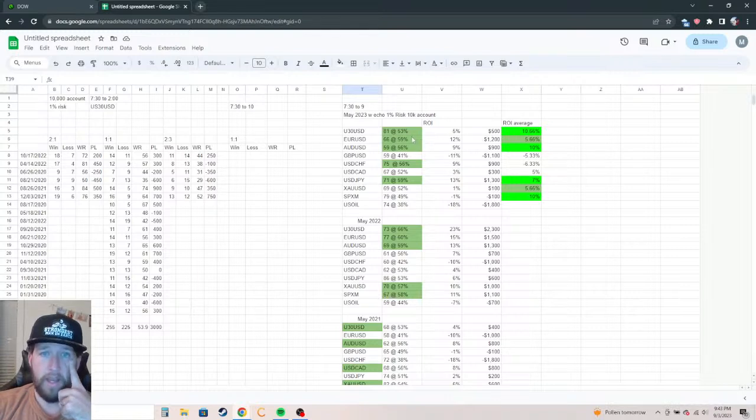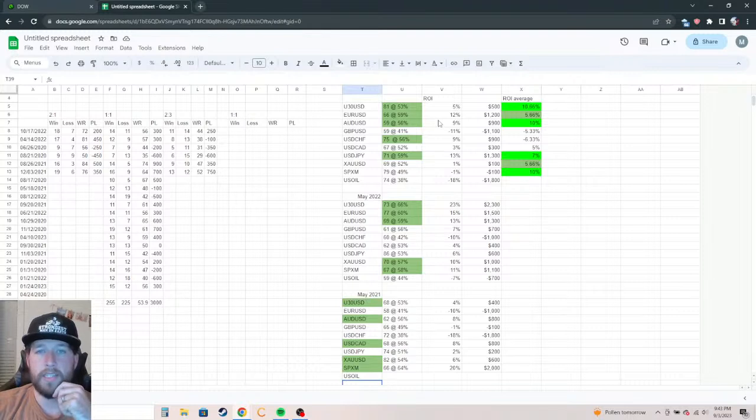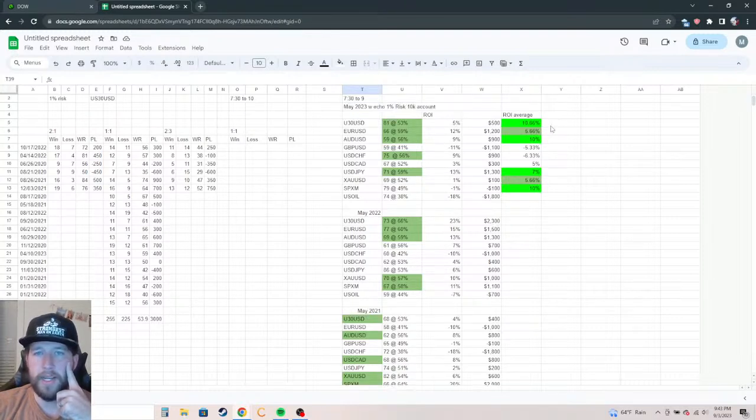So trying to find out which one averages the best return on investment, which so far seems to be the Dow, the Aussie US dollar yen, and S&P 500.